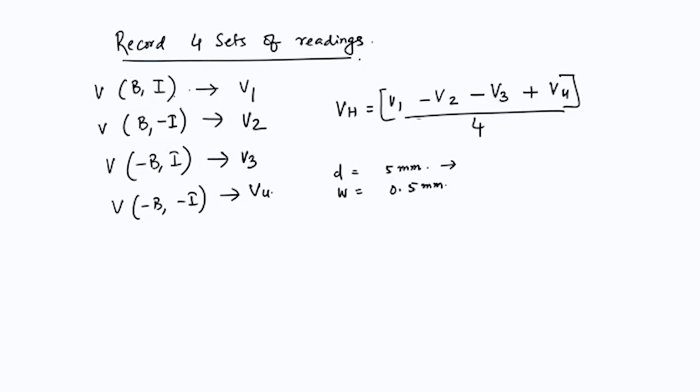Now you can draw suitable graphs as a function of B and VH, and then you can calculate from the slope the sign of the charge carriers, that is whether they are electrons or holes. And the fact remains at the end that your RH or R is proportional to B. So R versus B is a straight line.